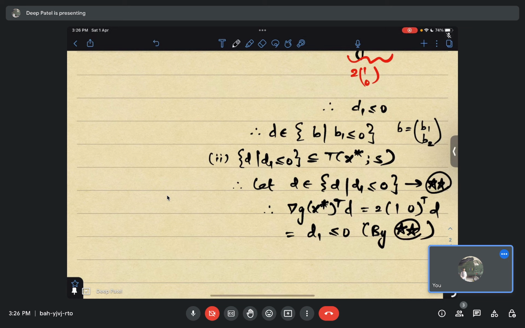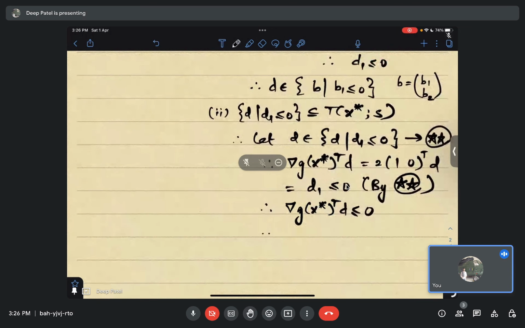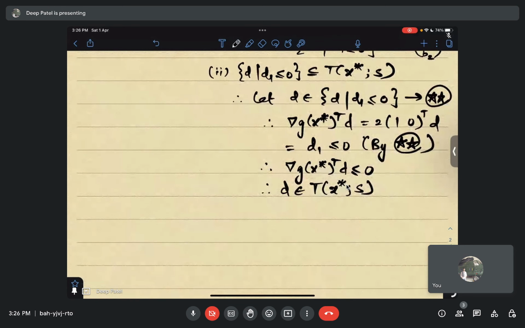Therefore gradient g(x star) transpose d is less than or equal to 0. Is it fine? Yeah, it's fine. So that means that d belongs to D x star S. Just give me 2 minutes, as I told. Yeah, sure, I'll come back after 2 minutes.